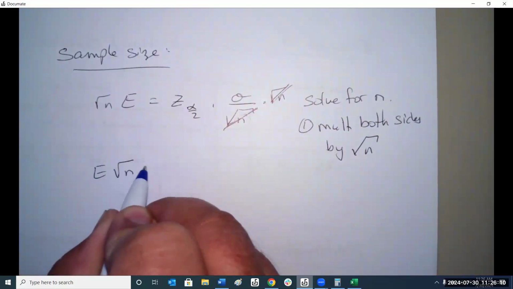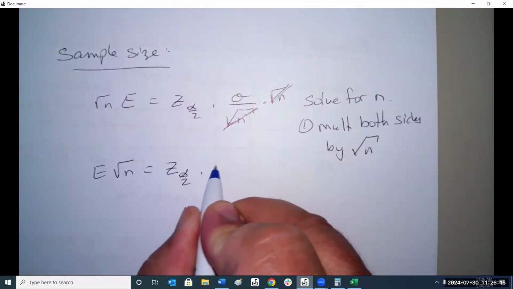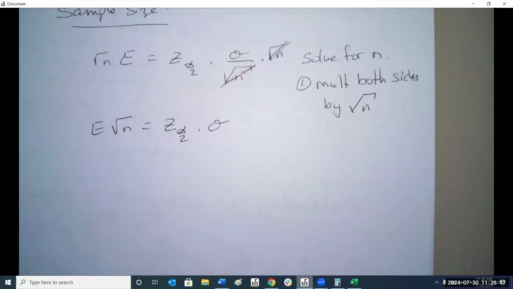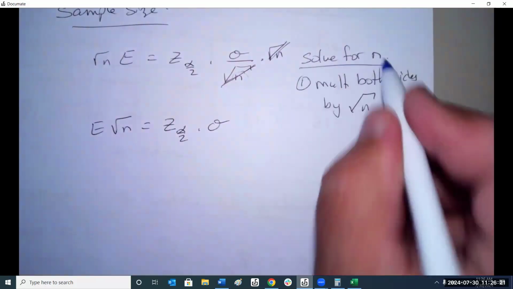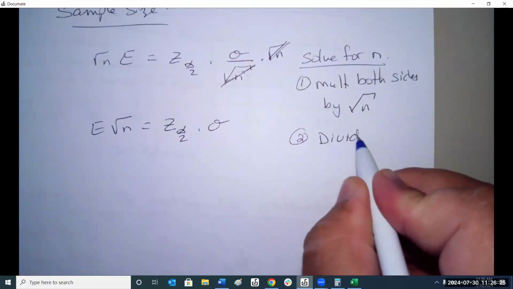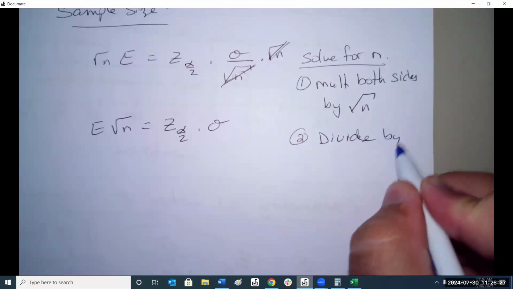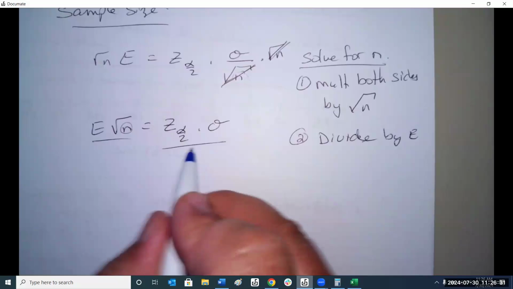So E square root of N equals Z alpha over 2 times rho. Second step, divide by E. We're trying to get N by itself, so we divide both sides by E.